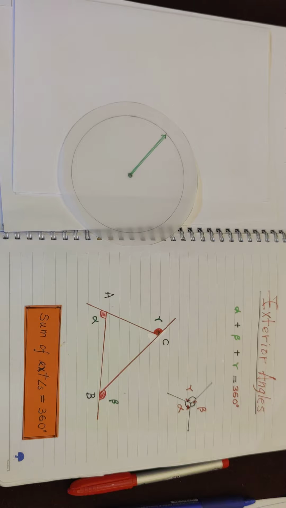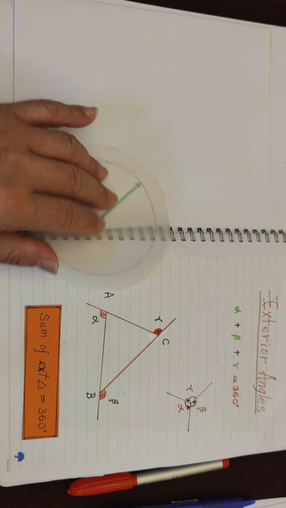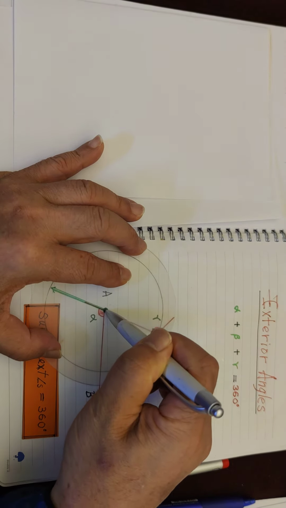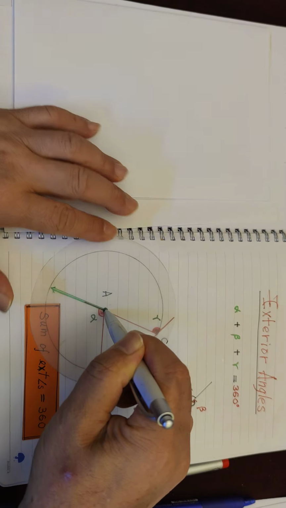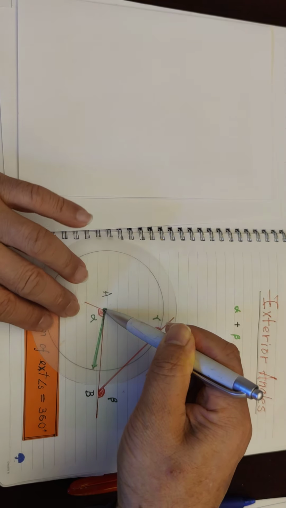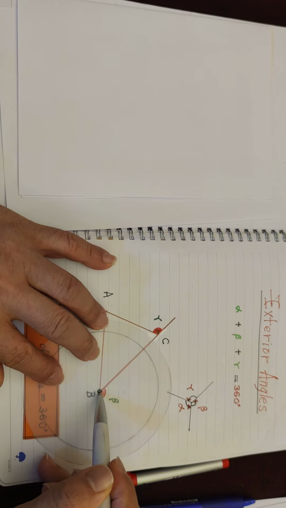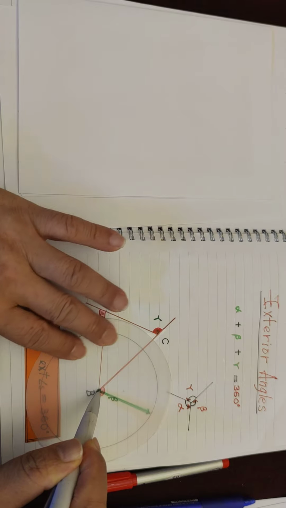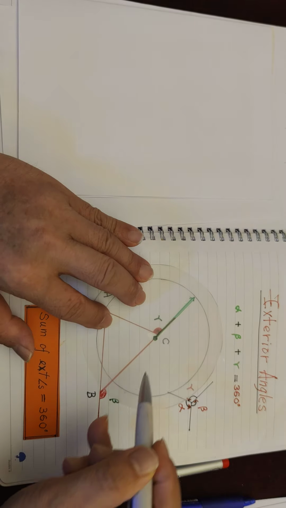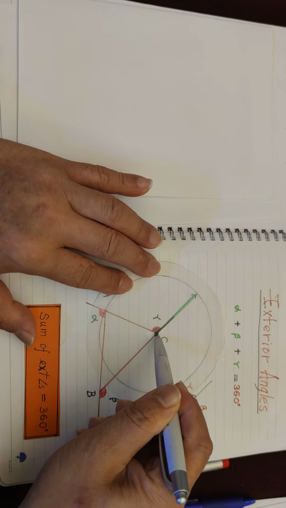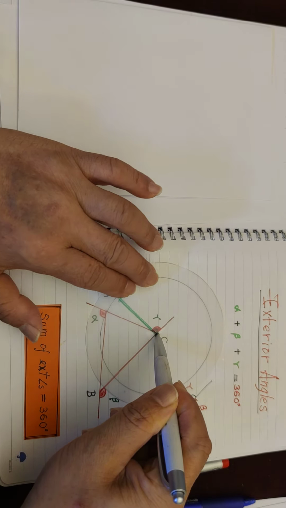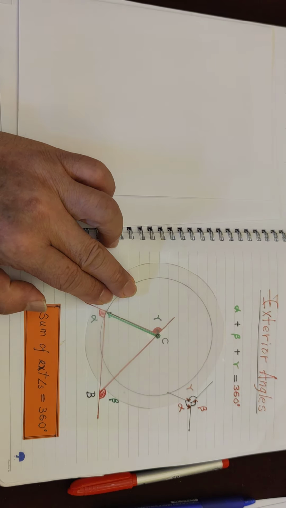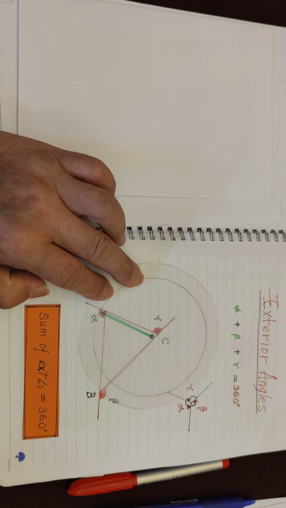If we move the green pointer here, you see, it is alpha. Okay? And then it is beta. This one is gamma. You see that the pointer has just turned a complete round, that is 360 degrees.